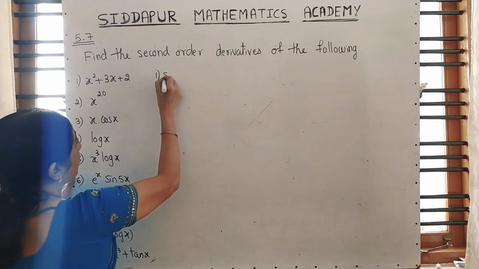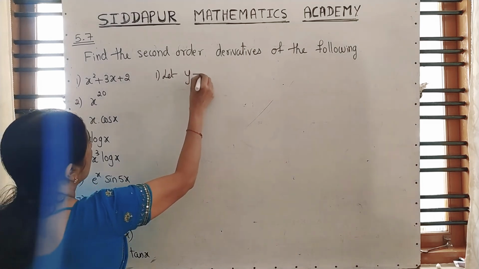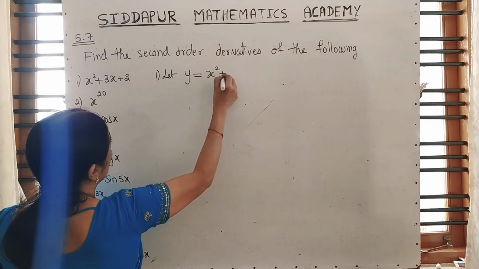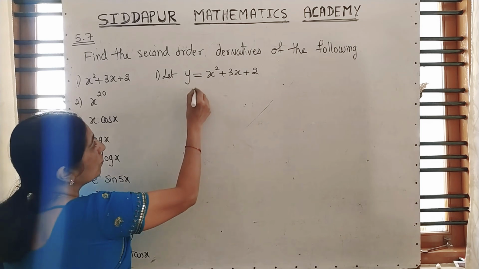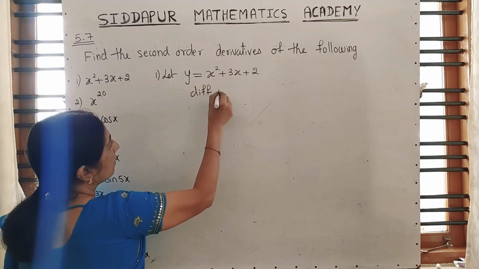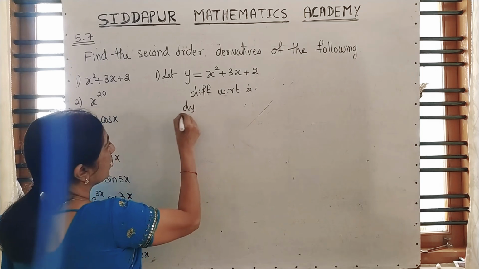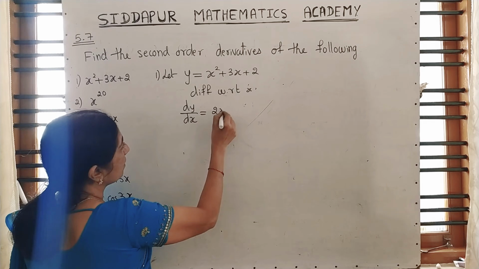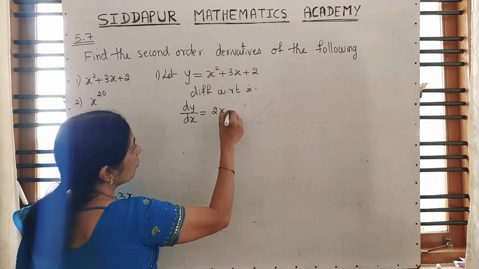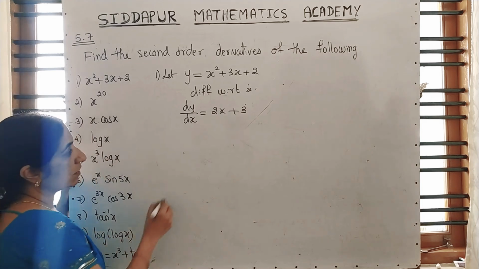In the first solution, let us take this as y. y is equal to x square plus 3x plus 2. Now, differentiating with respect to x, dy upon dx. Differentiation of x square is 2x, differentiation of 3x is 3 and differentiation of 2 is 0.